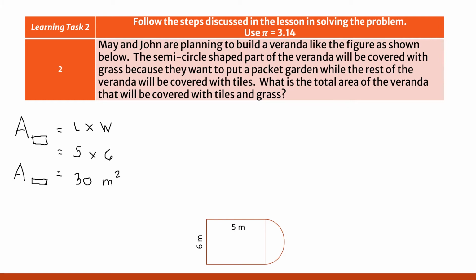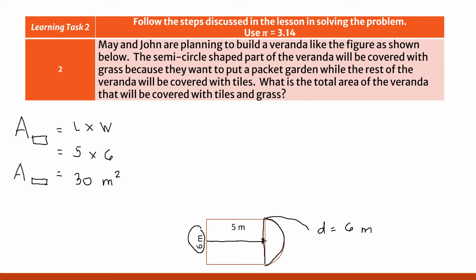Dahil ang given dito sa side na to ay 6 meters and this side is parallel to this side, lumalabas na ito ay equivalent to 6 meters din. At dahil meron tayong semicircle, itong 6 meters, ito yung magsisilbing diameter ng semicircle.